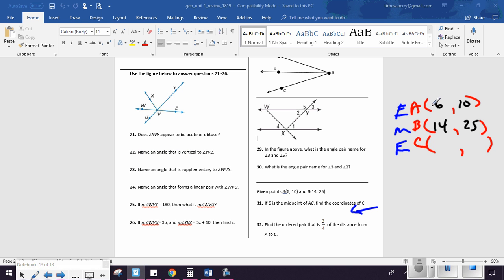So on my x's, I went from 6 to 14. So that's an increase by 8. So if the pattern continues and I add 8 more to 14, I would be at 22.